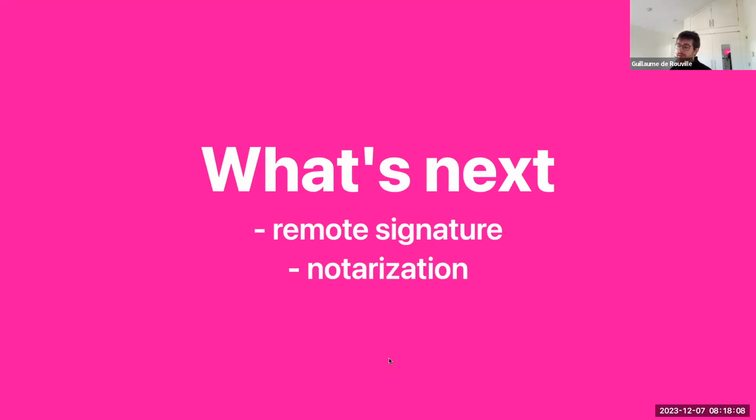I'm currently thinking about a remote signature process, a protocol that anyone can use to host basically their private keys somewhere safe, be able to safely access them from the CI and to do remote signature. The other thing is the notarization. So here I have signed locally, but then once you have signed your app, you have to notarize with Apple that you just did so that they double check that. So that's the second part that can be added to this module.